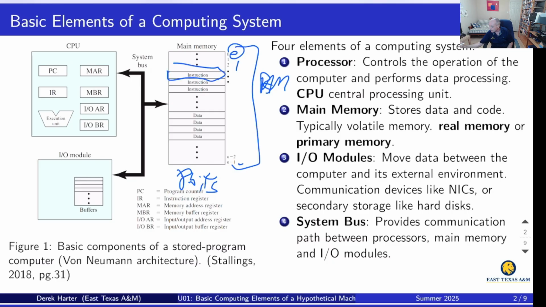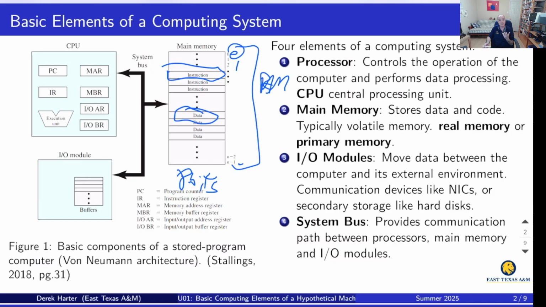Another important thing about memory, besides thinking of it as a randomly addressable array, is that these are what are known as stored program computers. So we hold both instructions and data in our primary memory. How we interpret the bit patterns at any location in memory is determined by the context of what we're doing.